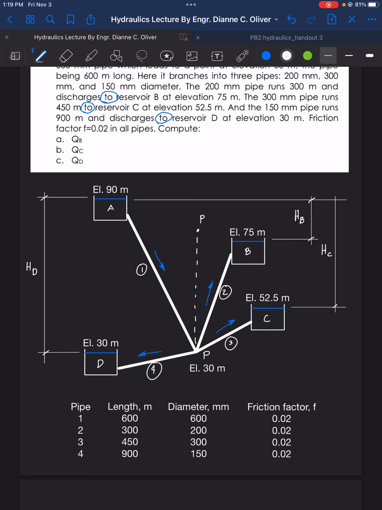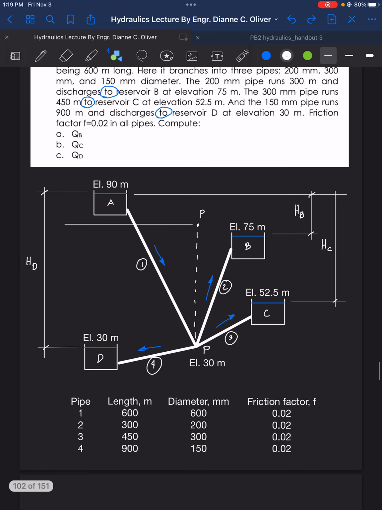Piezometer P. Therefore, the HF1, and then for the HF2 and HF3, so let's see. So this is our HF1.